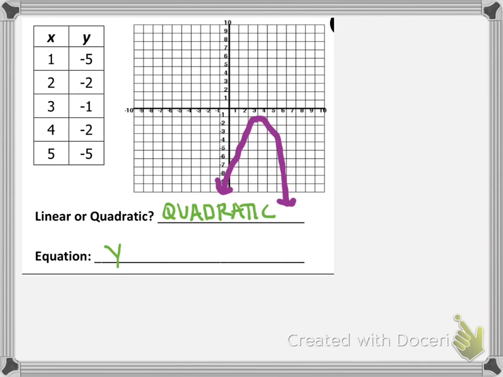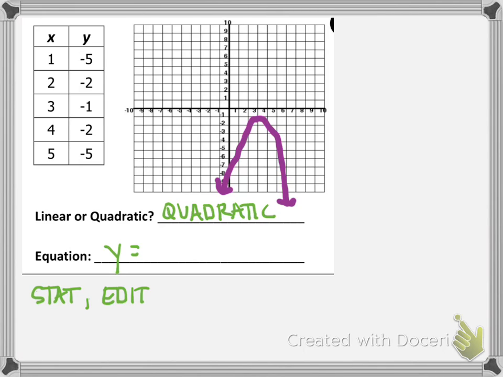Okay, so since it's a quadratic, there's no x-intercepts here, so I'm not going to be able to find my x-intercepts and multiply. So we're going to go to our calculator and go to Stat, and click on Edit.